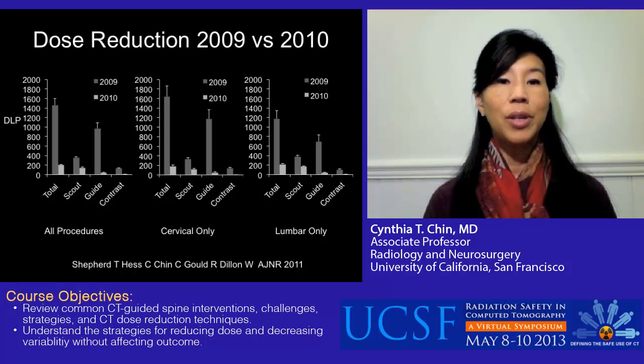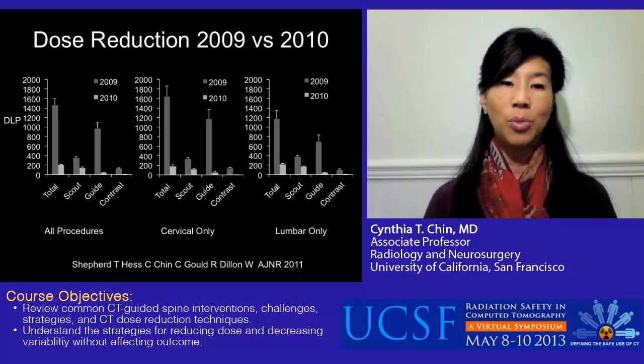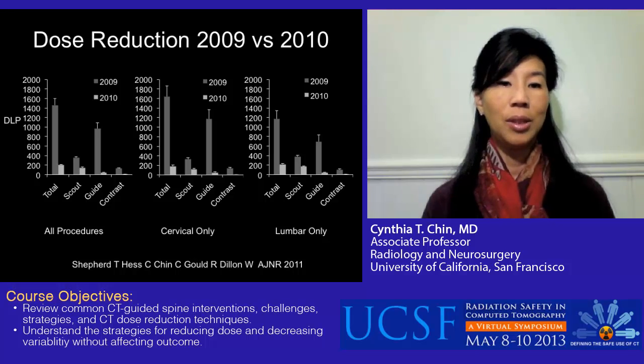In fact, the mean effective dose for the cervical only and lumbar only guided injections was reduced in 2010 from 9.7 to 1.1 millisieverts for the cervical only, and 17.5 to 3.3 millisieverts for the lumbar only injections.